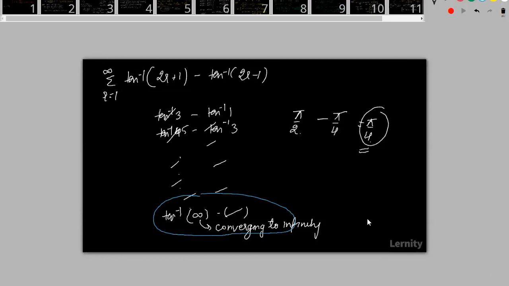Because however, when we do this, we will use the concept of limit. But because limits we have not done till yet, that is why I simply write that this is converging to infinity. Okay, fine.